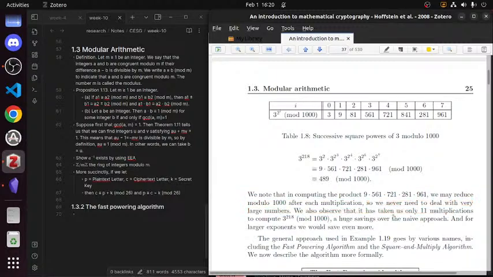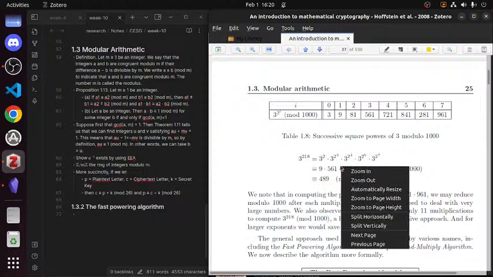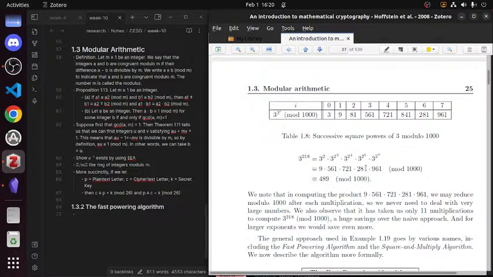We also observe that it takes us only 11 multiplications to compute this very large number, a huge saving over the naive approach, and for large exponents you save even more. The real beauty is that as you compute each of these multiplications, you keep having the ability to go mod 1000. So here you get a number larger than 1000, but you only take the last few digits, and so on.